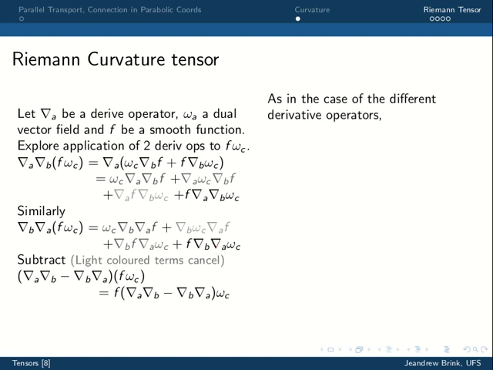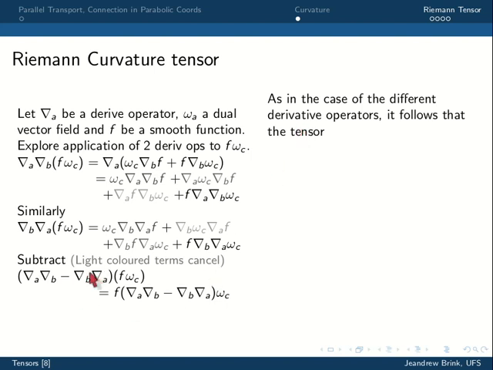So this is very, very similar to the case of different derivative operators. And remember that argument: the moment you had something like this, you could argue that the difference in derivative operators depended just on the point and not on the vector field away from the point. And the same thing you can do over here.